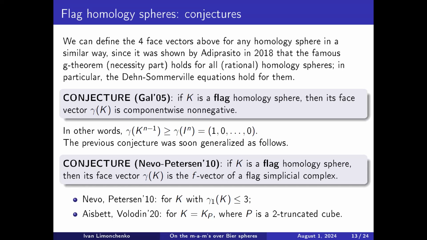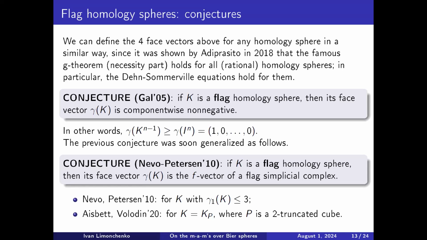If K is a flag homology sphere, then its gamma vector is component-wise non-negative. This is the famous Gal conjecture. It also implies, for example, the Charney-Davis conjecture, which has a long history and is related to different areas in mathematics. This conjecture says that the gamma vector of a flag homology sphere is component-wise greater or equal than the gamma vector of a cube, actually.